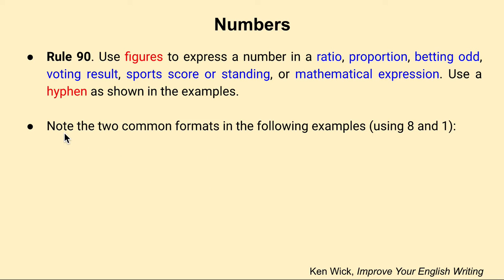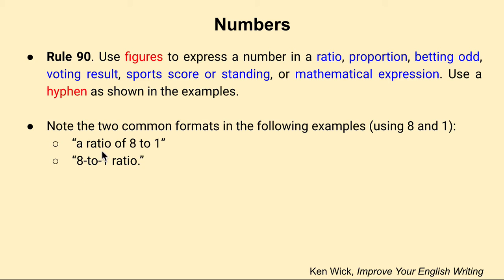There's two more slides of examples, but note the two common formats in the examples. And I'm using the numbers 8 and 1. You'd say a ratio of 8 to 1. And then you have the example of an 8 to 1 ratio.